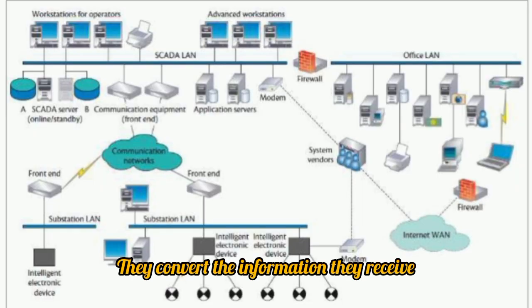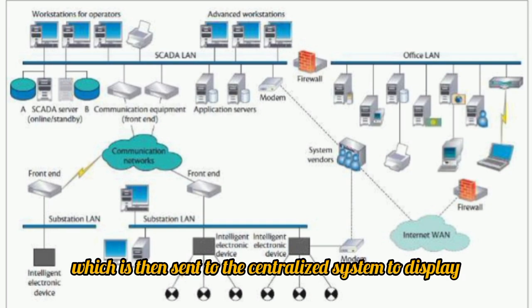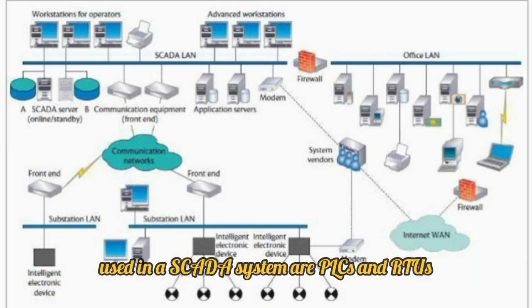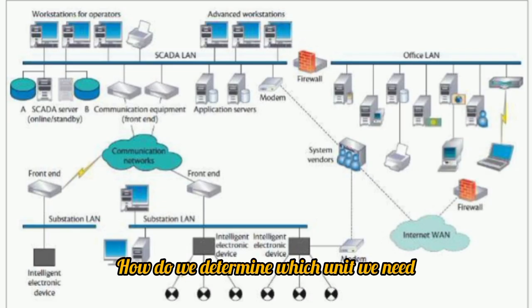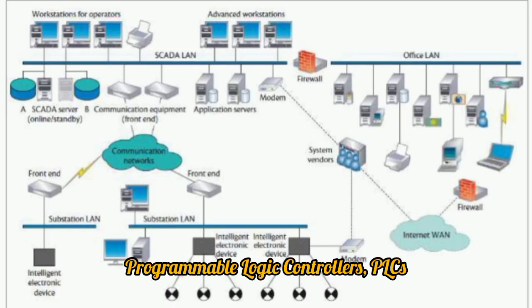They convert the information they receive into digital format, which is then sent to the centralized system to display. The two most common types of conversion units used in a SCADA system are PLCs and RTUs. How do we determine which unit we need? That depends on our specification. Programmable logic controllers, PLCs.